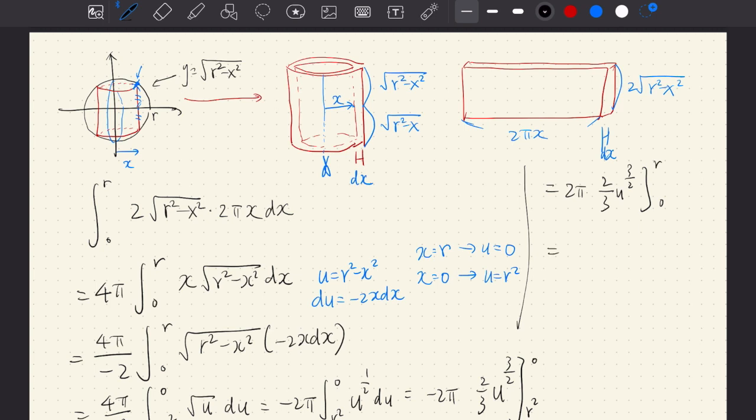So you only need to plug in r into u, so you get r squared to the 3 over 2. Okay, so r squared to 3 over 2, you can multiply the exponent to get r cubed. And for the constant in front of it, you get 4 over 3 pi, which is exactly the same volume we got when we were using the method of disks.